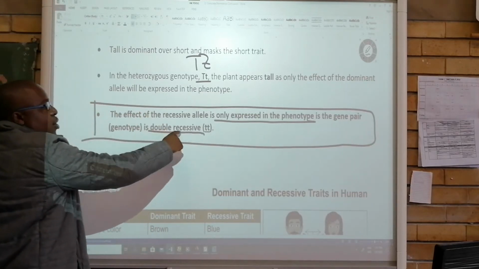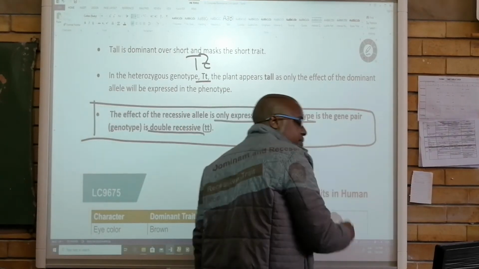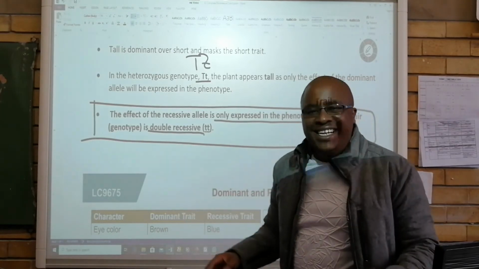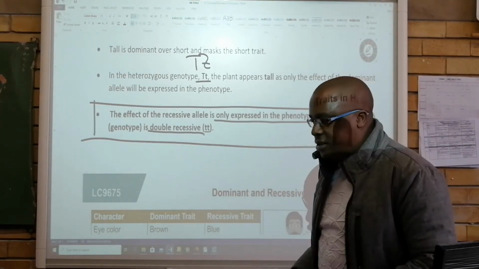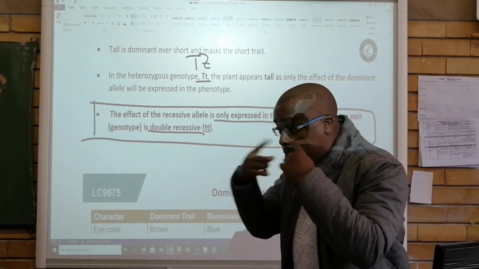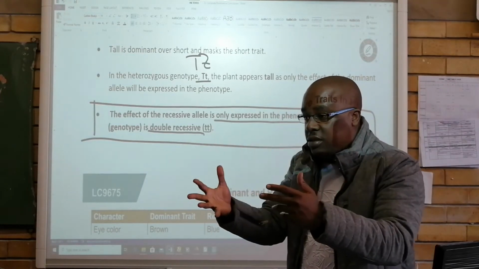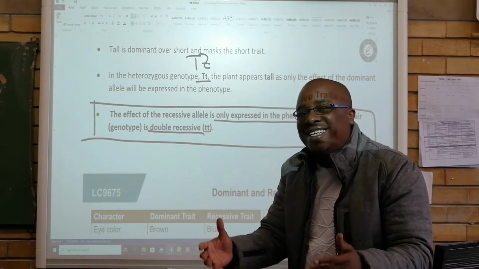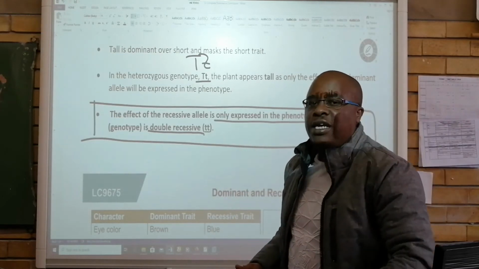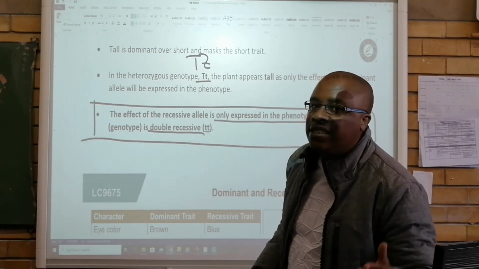In simple English, what we're basically saying is this: for you to get a recessive phenotype visibly expressed, the physical appearance being that of the recessive phenotype, that can only happen if the genotype is homozygous recessive.